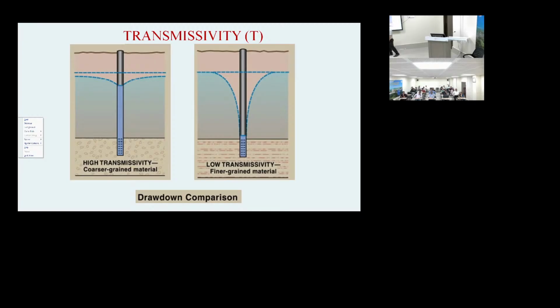So even when it gets pumped, the cone of depression, as we call it, has much lesser drawdown and is a bit wider. Whereas in the case of finer grain material, where the aquifer potential is much lesser than coarse grain material, the cone of depression is much deeper and not that wide. So this is just a drawdown comparison.